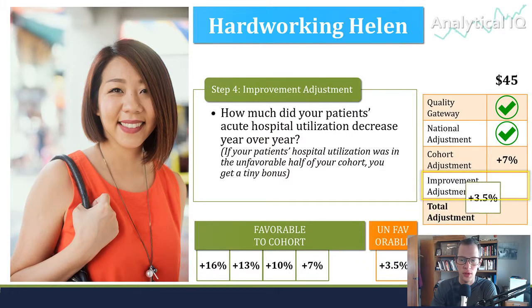Well, then you'd be in line for an adjustment. We assume, again, Hardworking Helen's patients are average, and their improvement is average too. She gets the minimum improvement adjustment in the favorable cohort, and that's plus 3.5%.